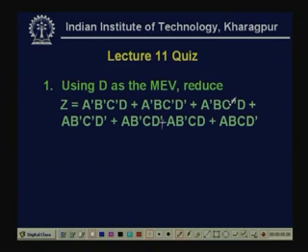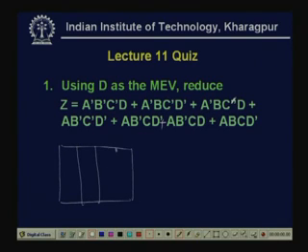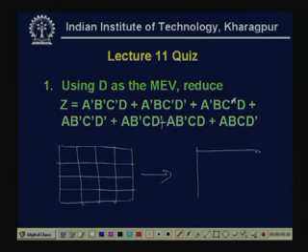So actually this is a 4 variable function, and as this is 4 variables, the normal K map should be this type of 4 by 4. Now it will be reduced to 2 by 4, with D as the MEV.